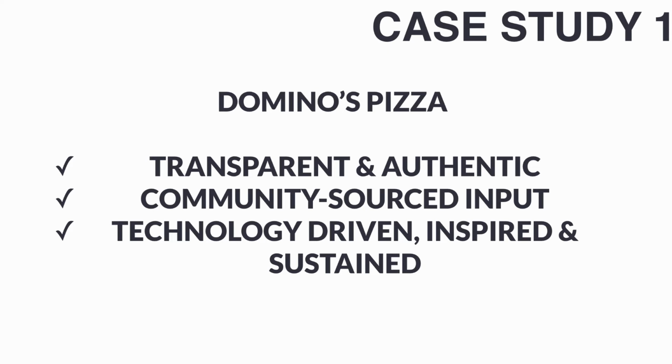And Domino's did that. So they were extremely authentic. They really focused on getting the input from their store owners, their franchisees, from their employees, from the community at large, from social media, because they really wanted to have people feel like they were a part of this comeback story, which I think is really, really powerful.